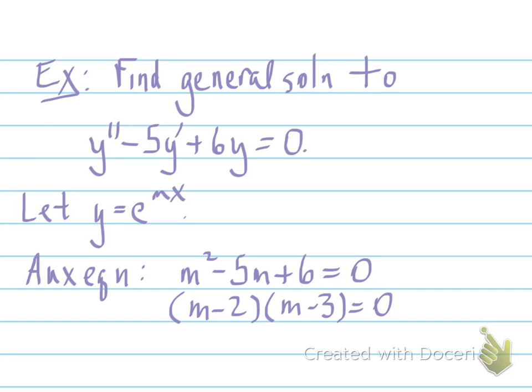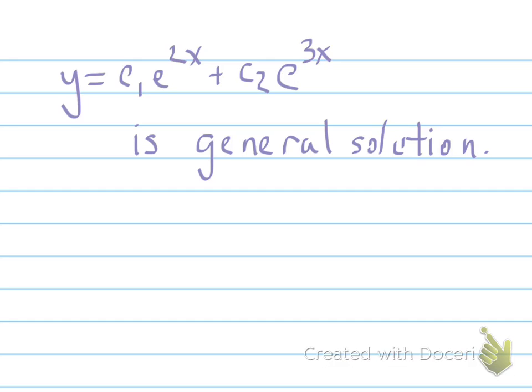Factor it, I get m minus 2 times m minus 3 equals 0, which means that my roots are m equals 2 and m equals 3. So that means, since they are two real roots and they are distinct, by what we said earlier, y equals c1 e to the 2x plus c2 e to the 3x is the general solution of the second order HLEX.